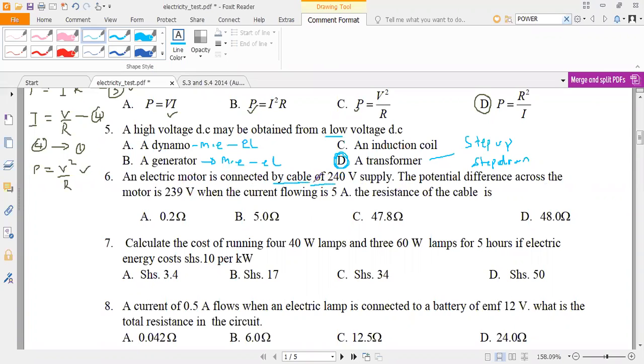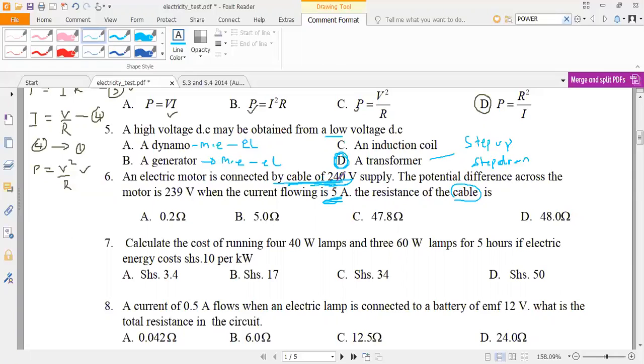So if the cable is 240 volts, it means that the cable can only allow a voltage of 240 through it. When the current flowing is 5 amperes, we shall use the 240 and the 5 amperes since they are asking for the cable.